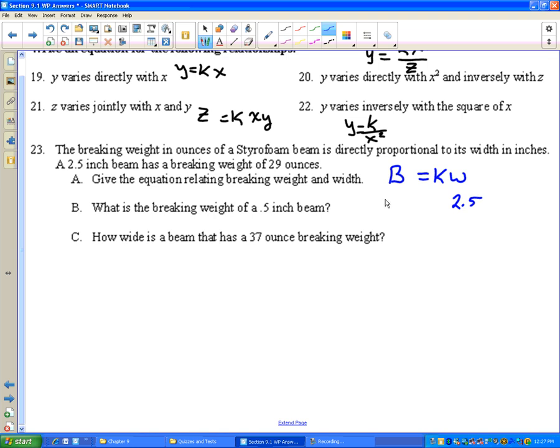I know the breaking weight is 29. I need to find k, so I'm going to divide by 2.5. So k is equal to 29 divided by 2.5. If I grab my handy dandy calculator, I'm going to get k to be 11.6.